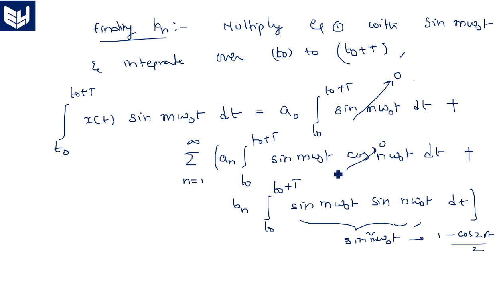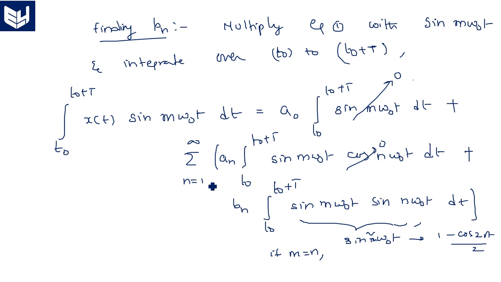So that is equal to, left hand side same, no change, x of t sin m omega naught t, that is equal to, we can write this as sine square m omega naught t if m is equal to n. Don't forget that only if m equal to n can we write like this.